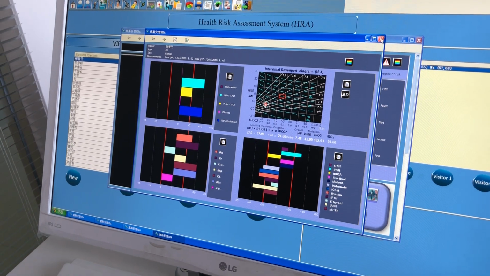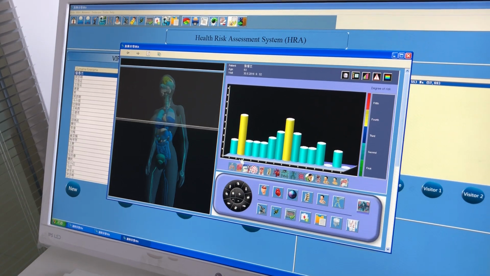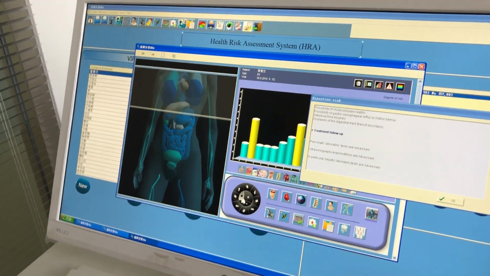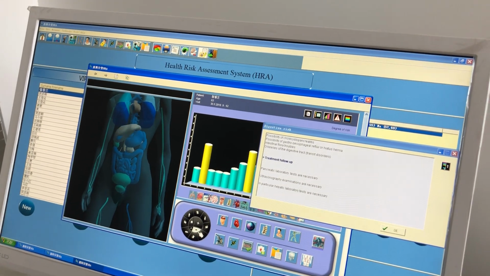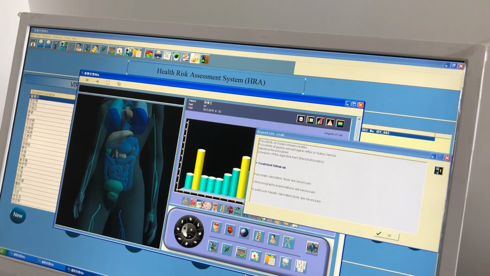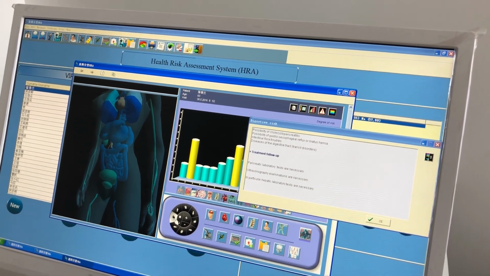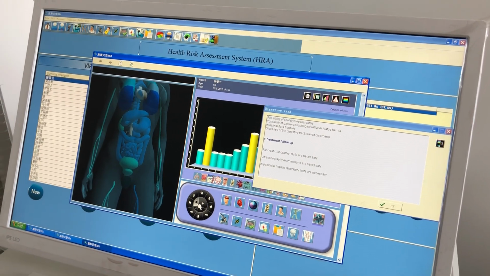So I suggest you do a detailed examination on the liver, stomach and gallbladder, especially on the biochemical aspects of blood lipid.